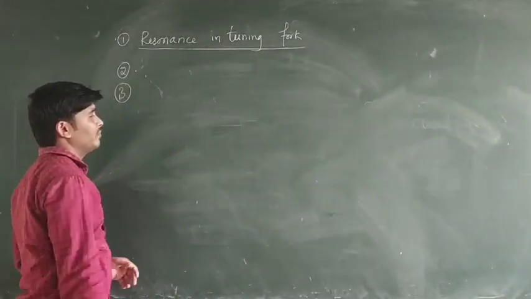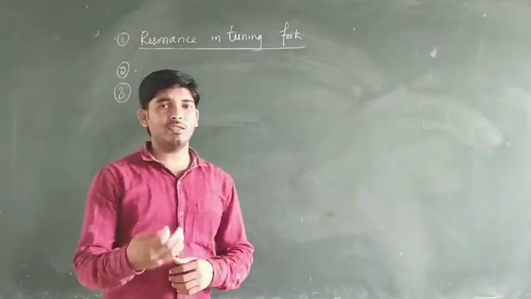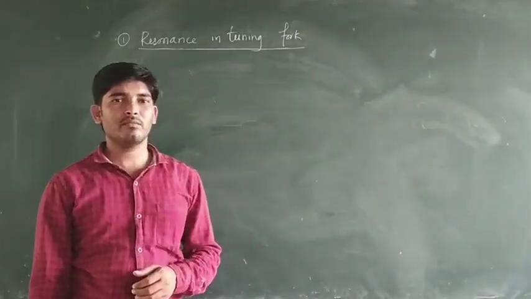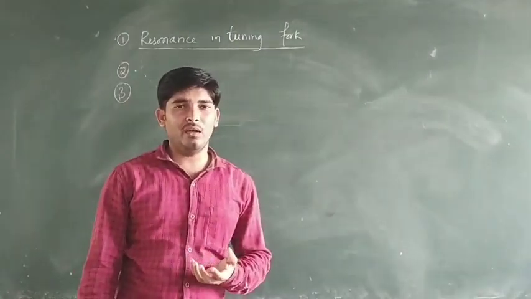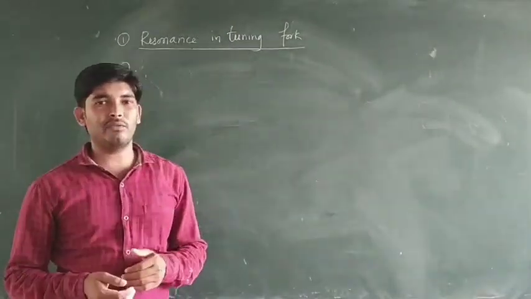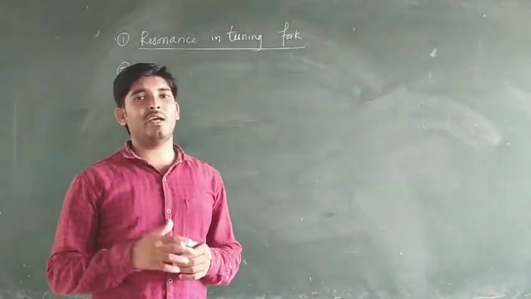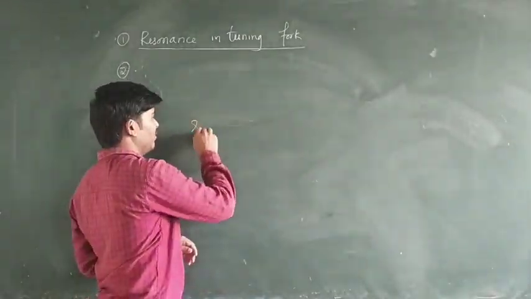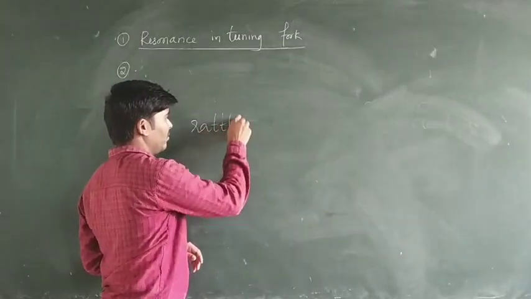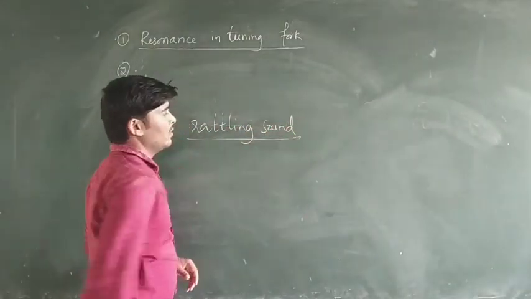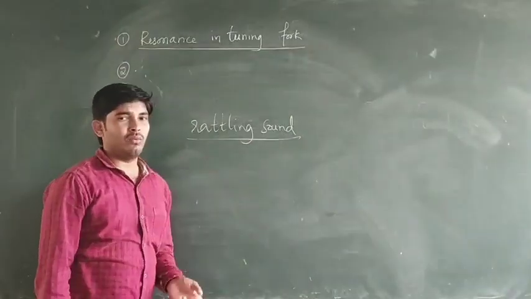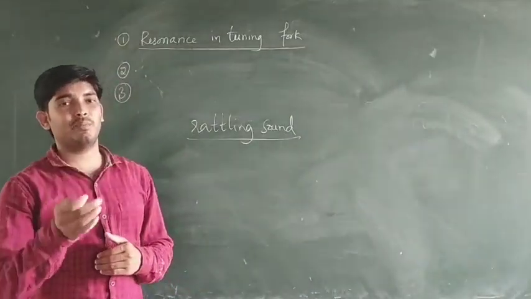And the third one: when a vehicle is moving, we may observe that at a certain speed of the vehicle you may hear a rattling sound. The rattling sound is heard only at a certain speed.